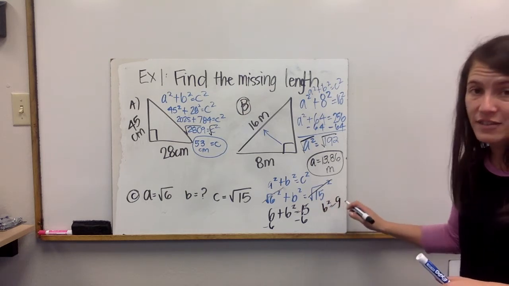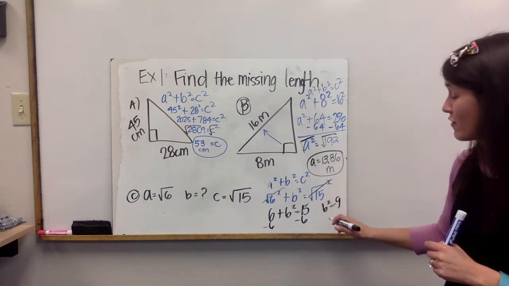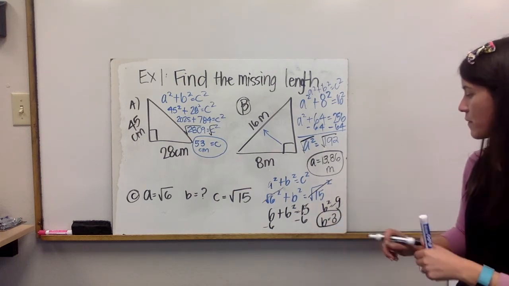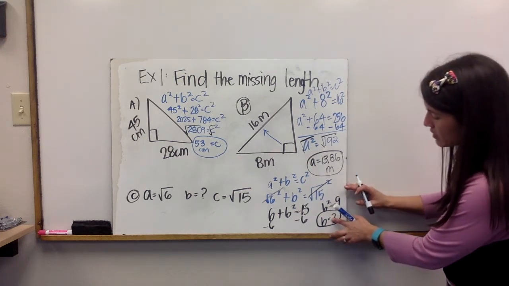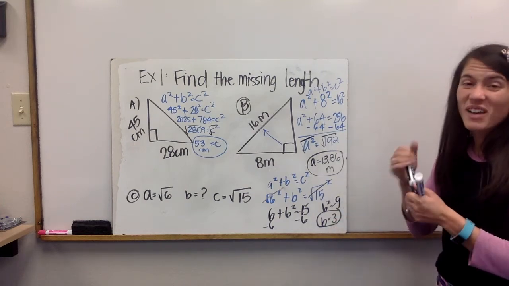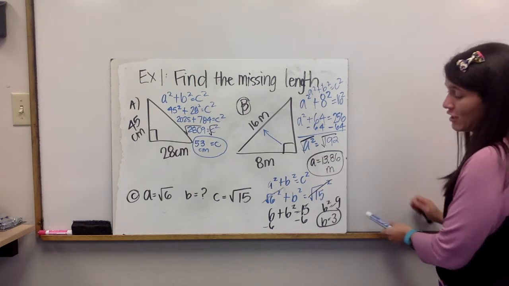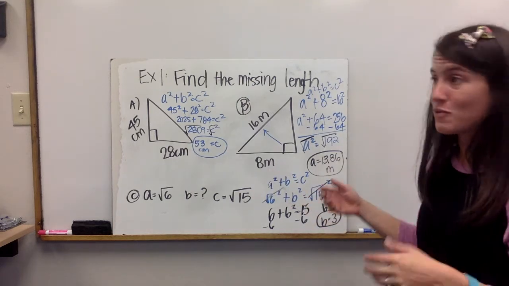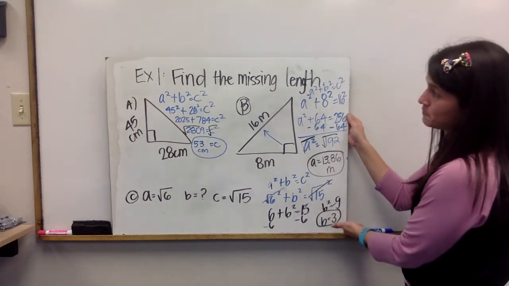And then I can take the square root mentally because I know the square root of 9. So in this example, B equals 3, because the square root of 9 is 3. Okay? So even if you have strange, weird looking square root numbers, you still plug them into the Pythagorean Theorem and you do everything the same way.